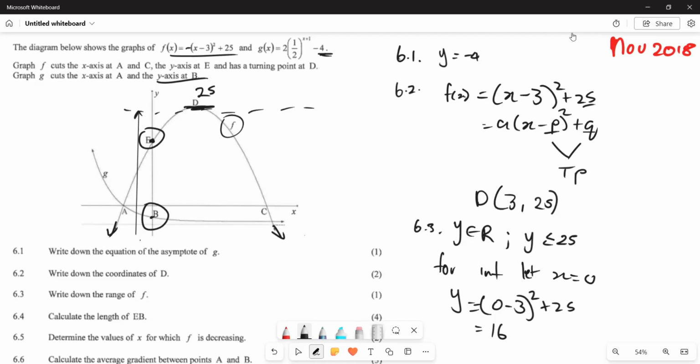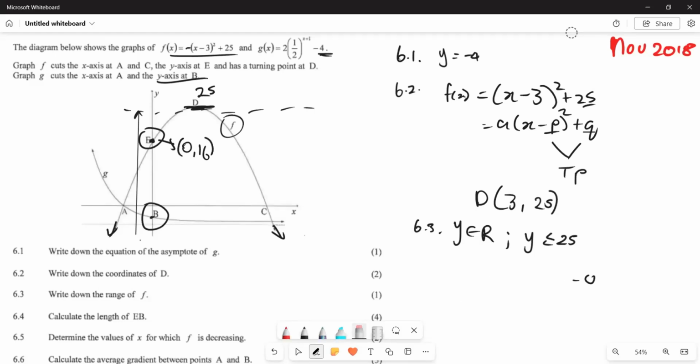Now, moving swiftly along, the coordinate of E here is going to be given by 0 and 16, right? And now going to the graph of G to find the coordinate of B first, so that you can do the distance, you'll realize that y is the same as 2 times (1/2) to the power 0 plus 1, subtract 4.